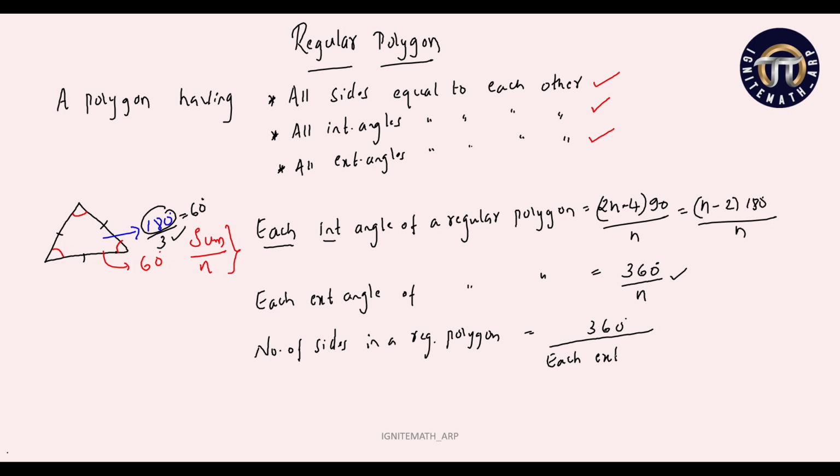Can I say that, children? Tell me why? Because I'll just take this n to the left hand side and each exterior angle to the right hand side. This can also be used to find out the number of sides. Clear, children? Keep in mind, n is always a natural number greater than 2. Whenever I'm talking about the number of sides, that is always a natural number greater than 2.